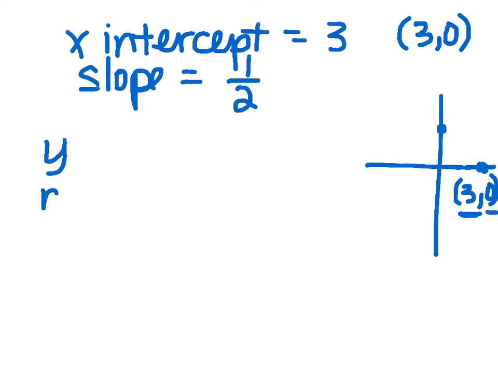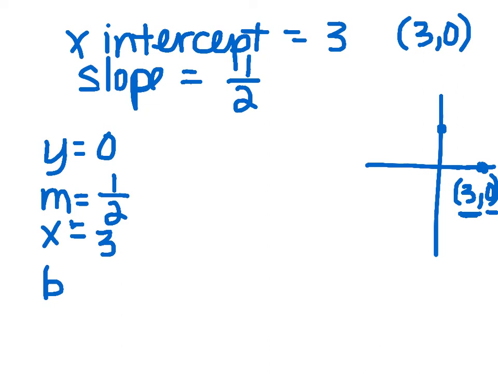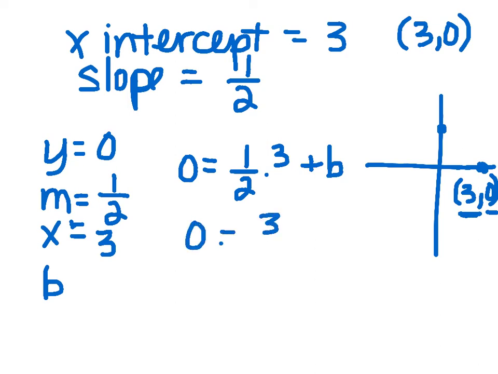From there we can say y, m, x, b. We know that the slope is 1/2. Since it is a point on the line if it is the x-intercept, I can use this as my clue for x and y. We know it will make the equation true. 0 is equal to 1/2 times 3 plus b. 0 equals 3 over 2 plus b.